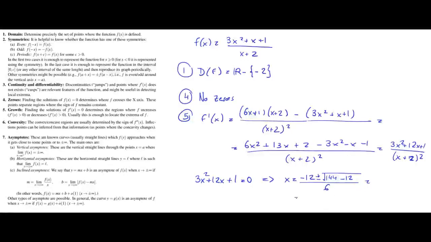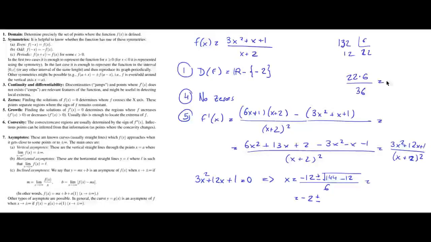So this is equal to minus 2 plus or minus, and 144 minus 12 is 132, which is a multiple of 6, so this is 22 times 6, divided by 6 squared, 36.